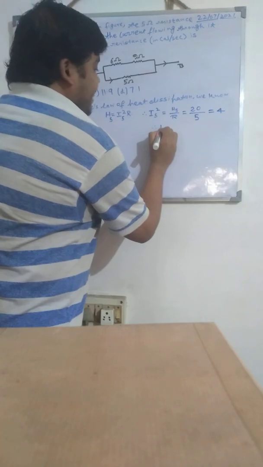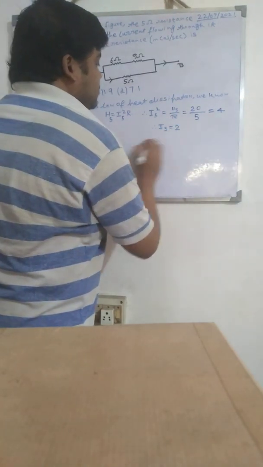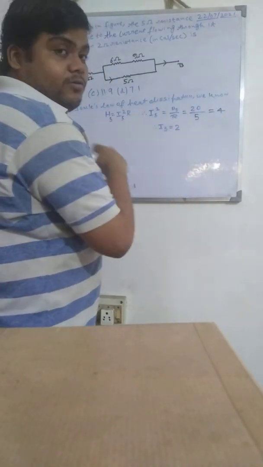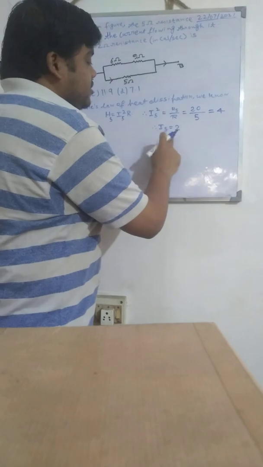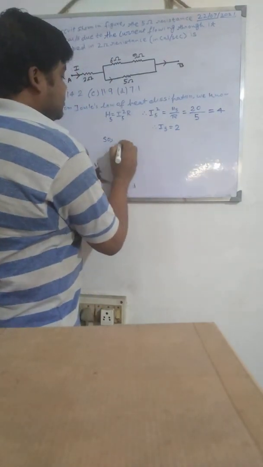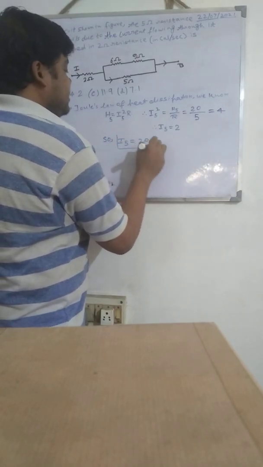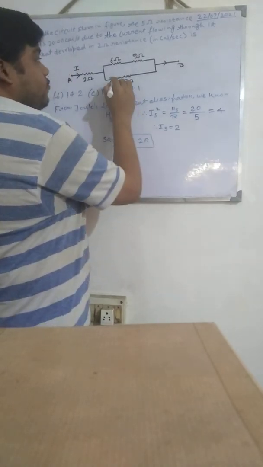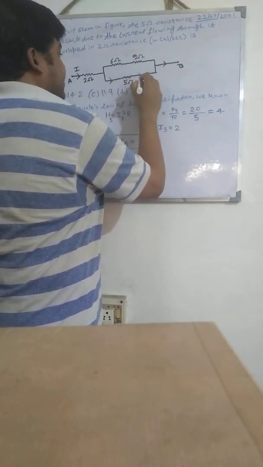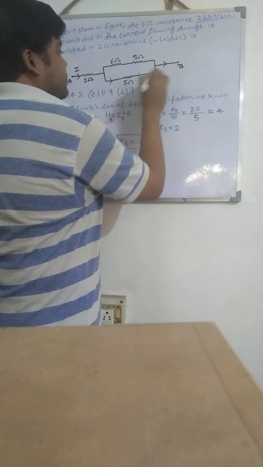So therefore we can write I5 is equals to 2. By square rooting on both the sides of this above equation we are getting I5 is equals to 2 ampere. That is the current that is flowing through this resistor. This is I5 and this is 2 ampere.